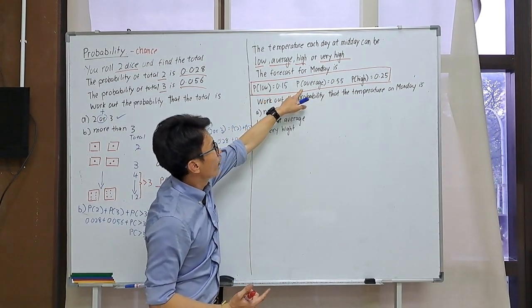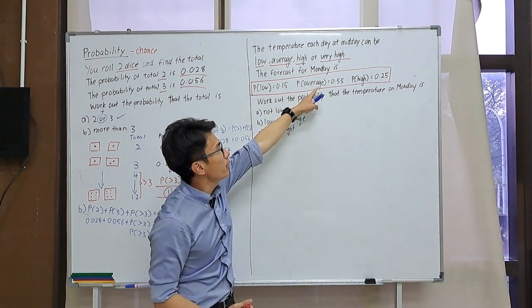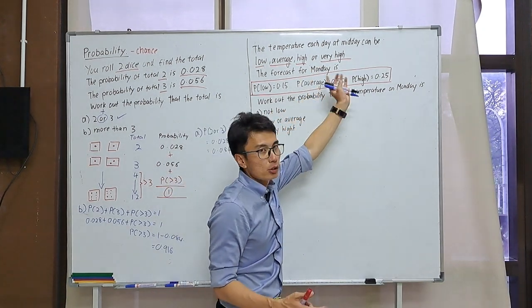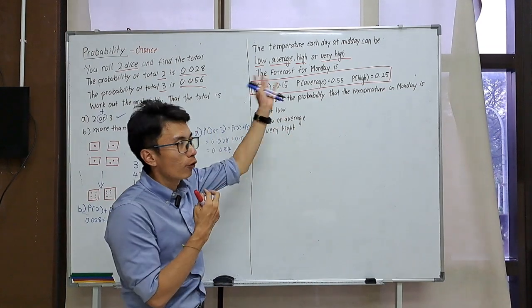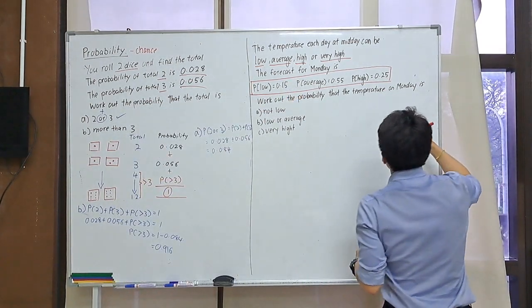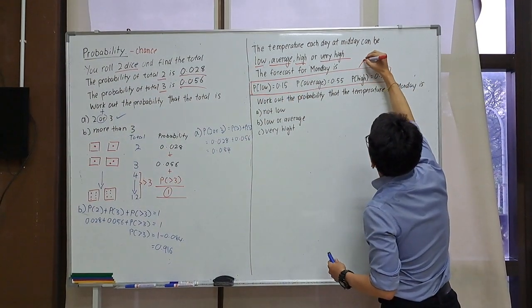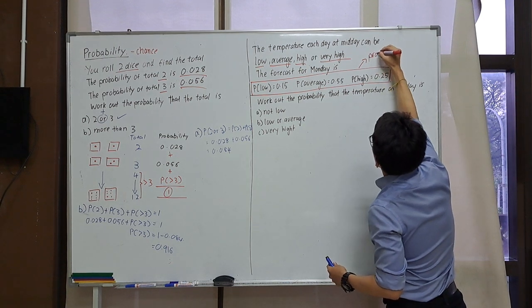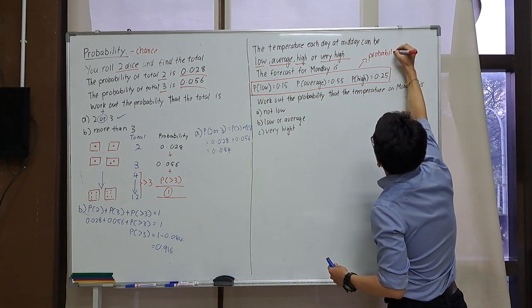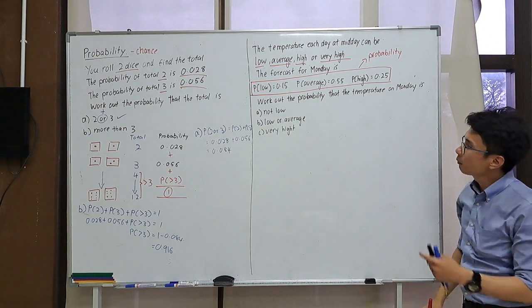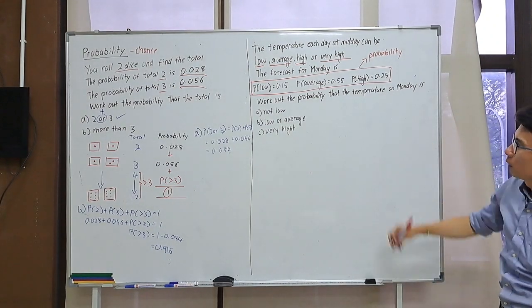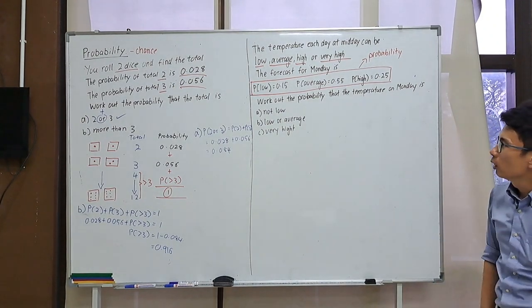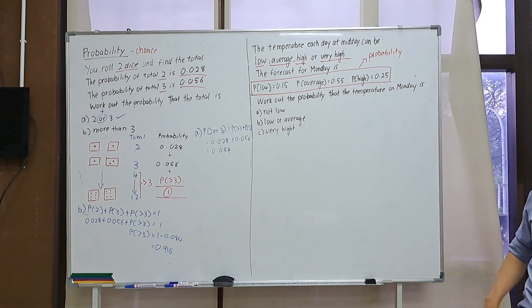The probability of an average temperature during midday is 0.55 and so on. So all these are probabilities.